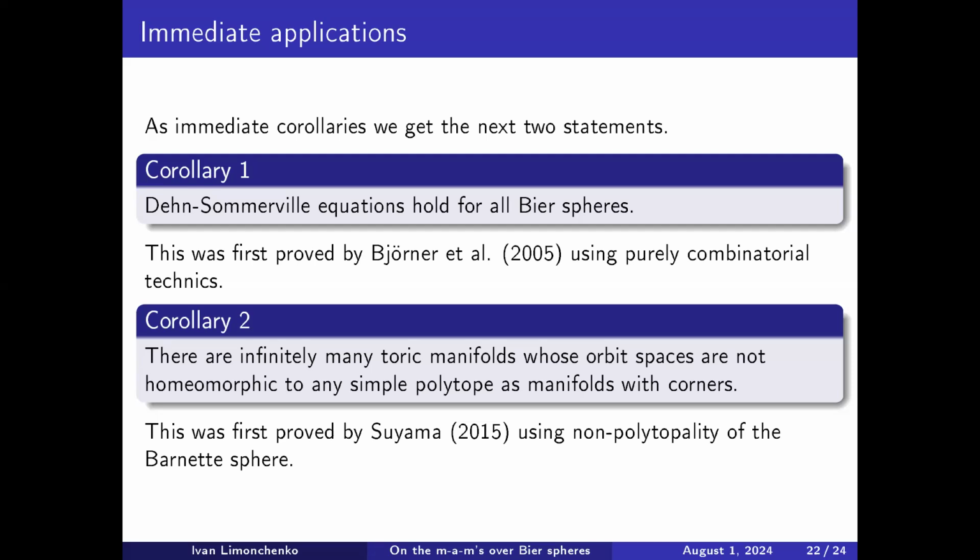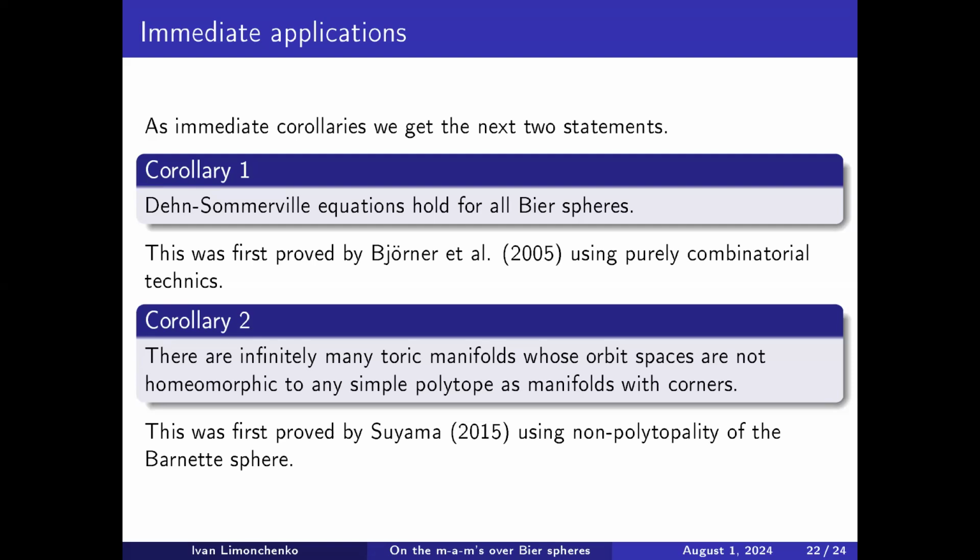And the second corollary, again, is a known result in toric topology. Yusuke Suyama proved in 2015 that there are infinitely many toric manifolds whose orbit spaces are not even homeomorphic to any simple polytope, these manifolds with corners. So basically, you have a toric manifold which is not a quasi-toric manifold, something like this.